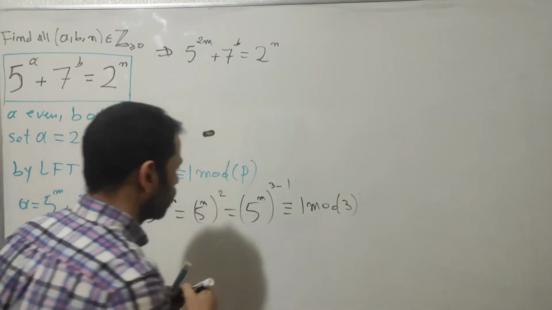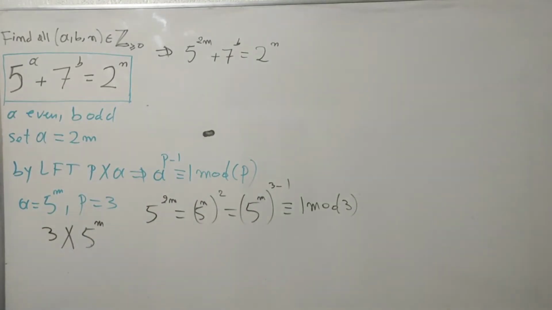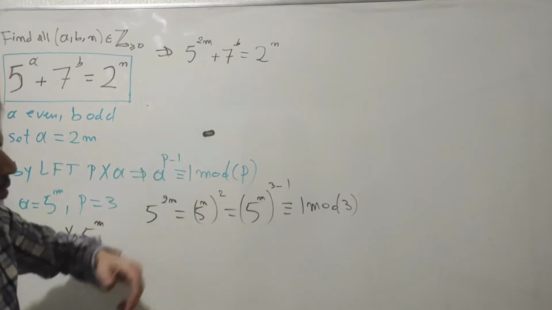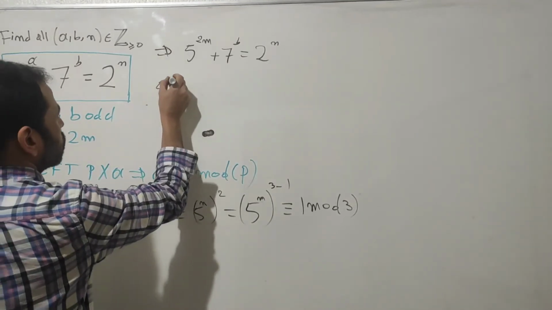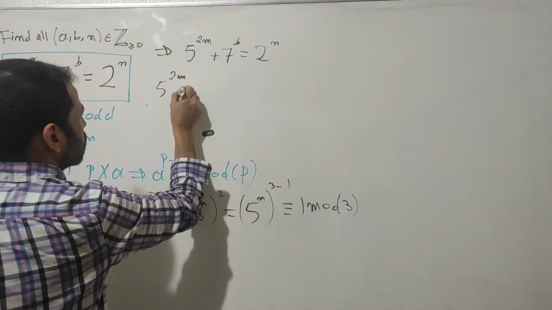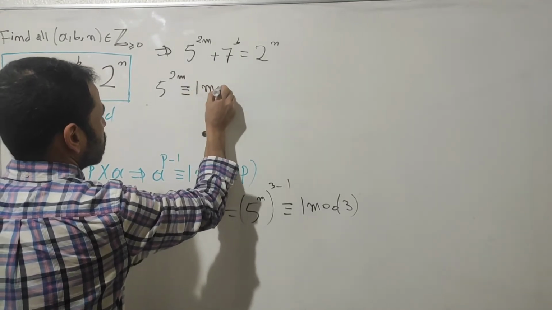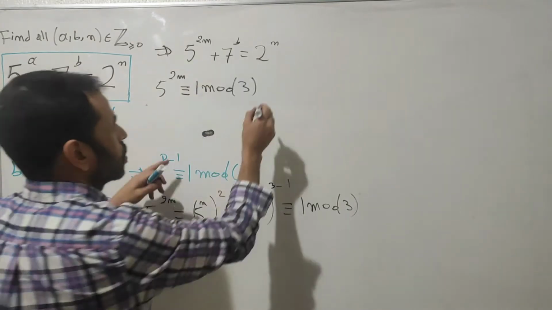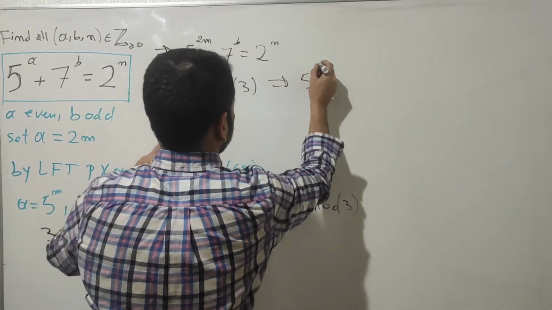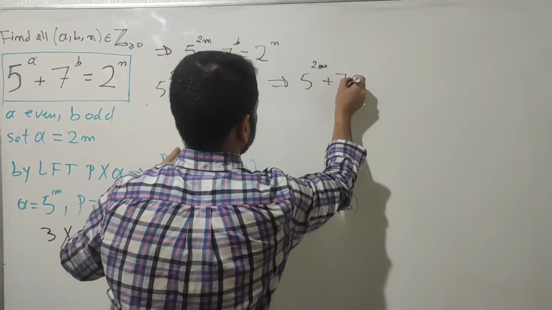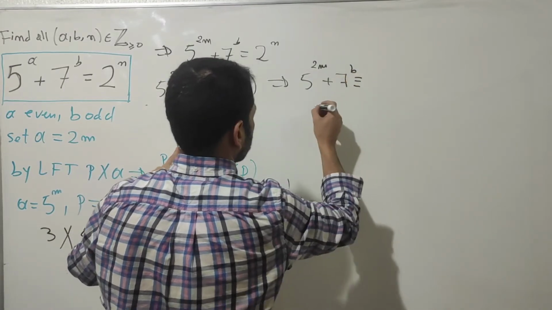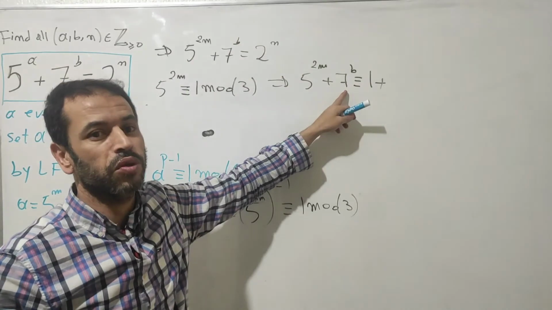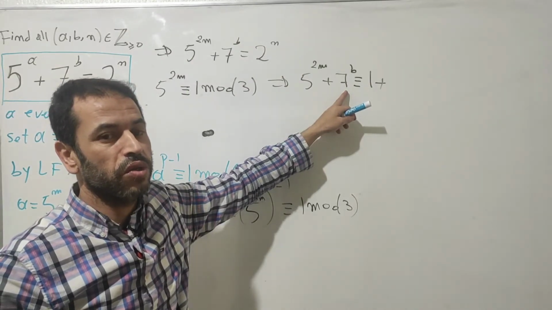Okay, now let's apply this one and this one here exactly. We know 5 to the 2m is congruent to 1 mod 3. Adding this one also, we get 5 to the 2m plus 7 to the b is congruent to 1 plus 1. Also 7 is congruent to 1 mod 3, because we know 7 is 1 more than 6.